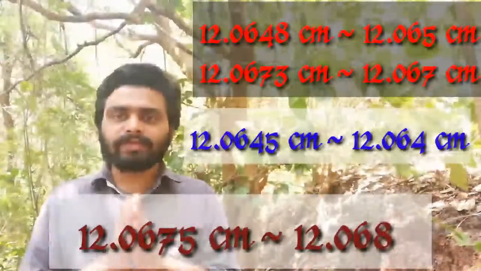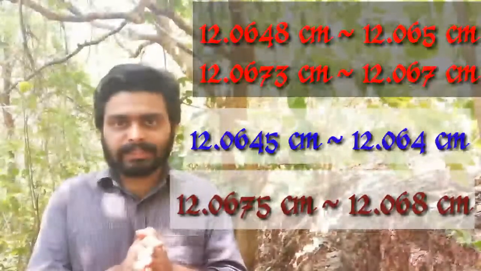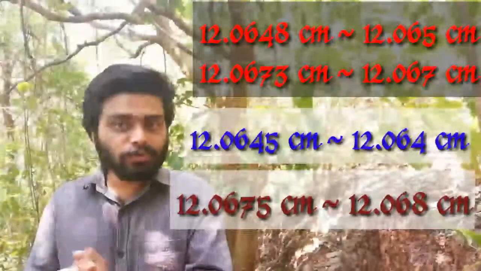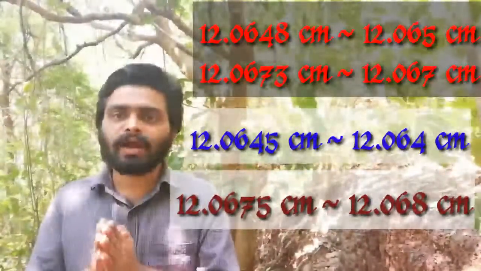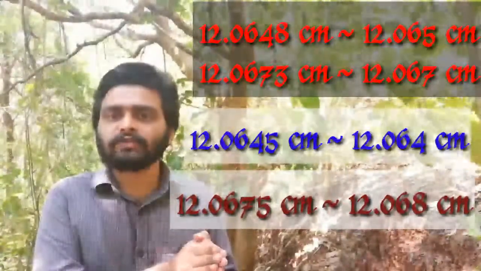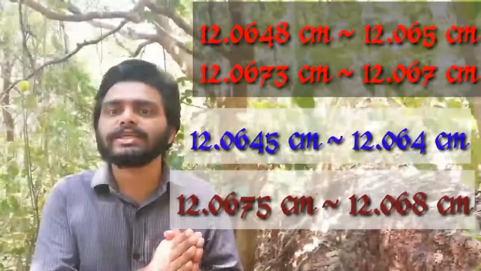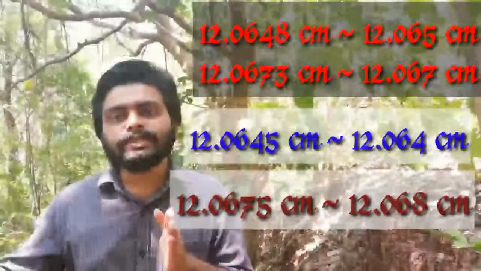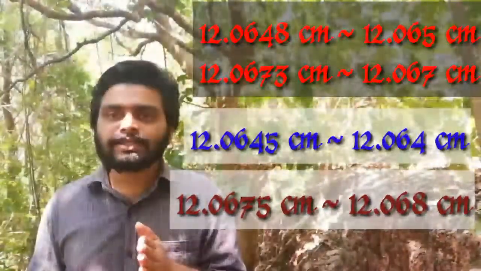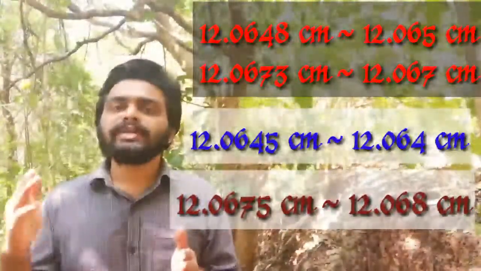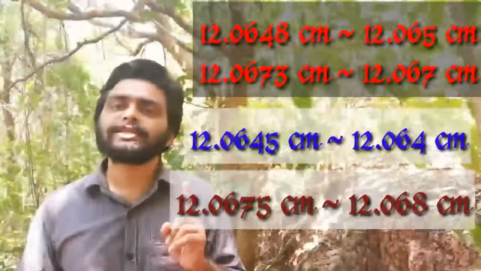Okay. If the last digit is equal to 5, it depends upon the nature of the preceding digit. If the preceding digit is even, we omit that 5, and if the preceding digit is odd, we omit that 5 by raising the preceding digit by 1.